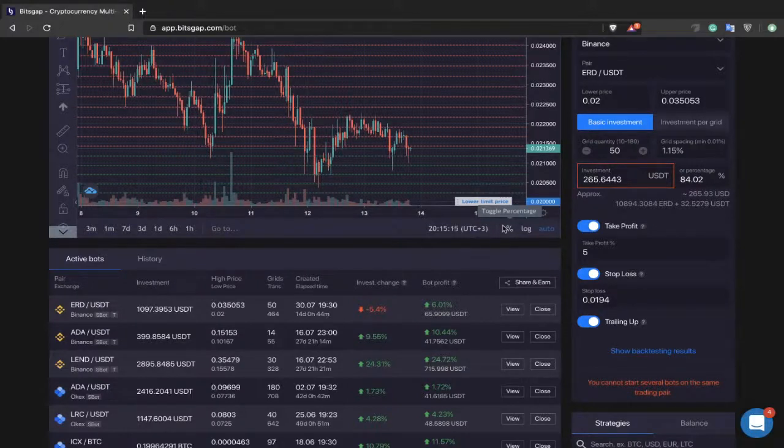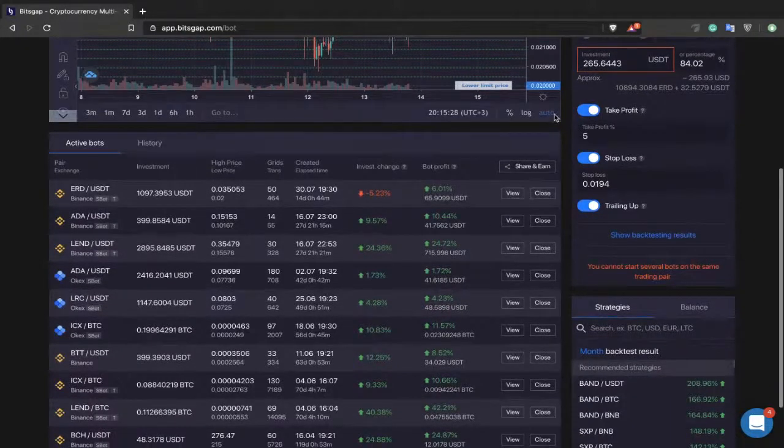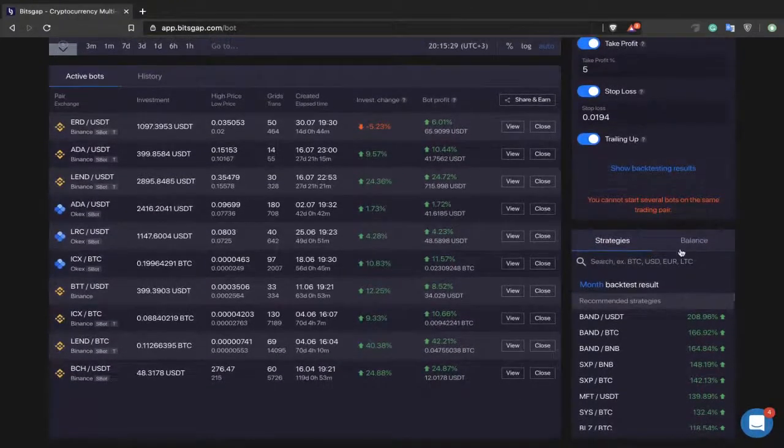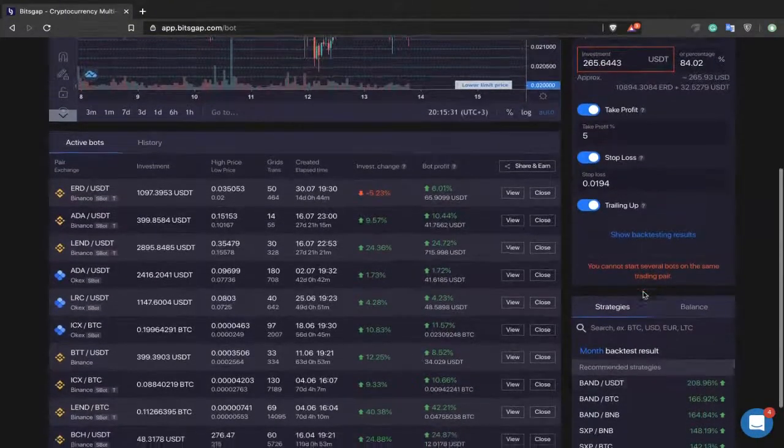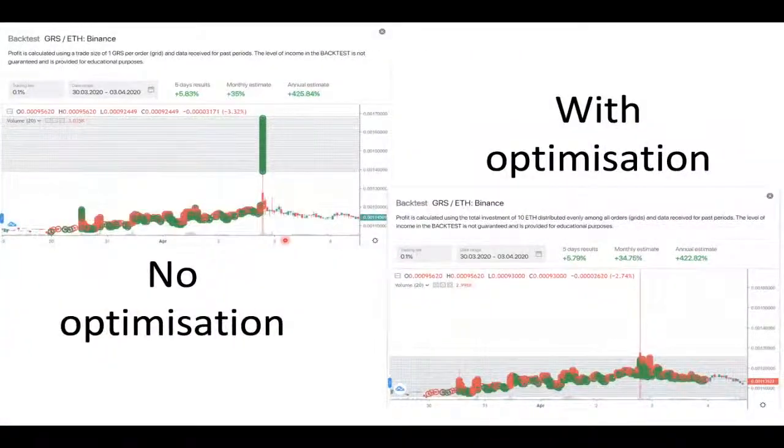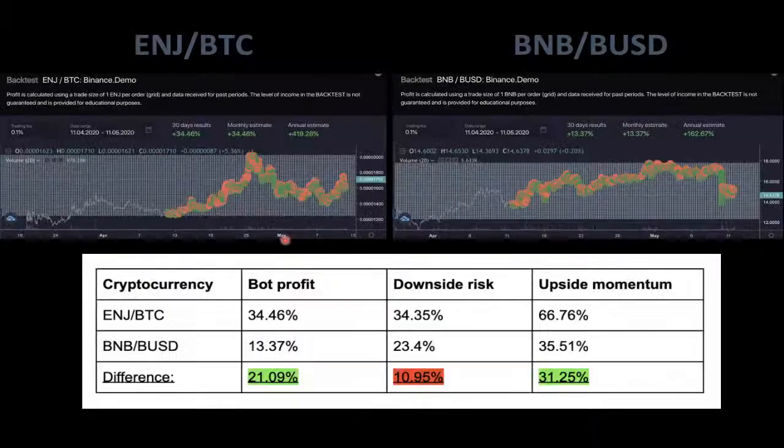So the monthly performance is backtested. I see some errors here. So do we take into account the compound effect when we calculate backtesting? Well, no, we don't take it as of now. We only calculate an annualized estimate and monthly estimate.